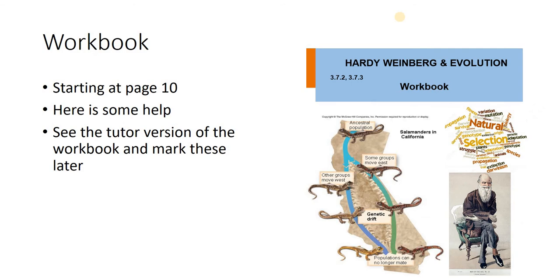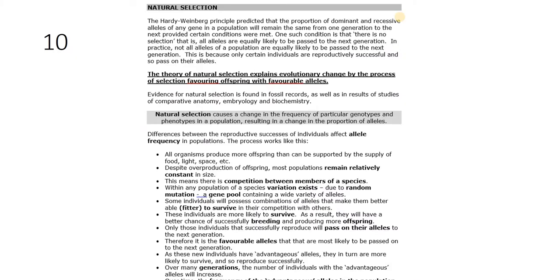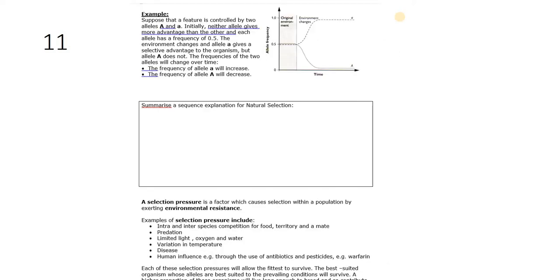Let's have a look at your workbook starting at page 10. Eventually you'll get the tutor version, which you'll be able to mark yourself, or maybe your teacher will look at that for you. On page 10, just a load of blurb really, recapping the theory that we've done. And page 11, there's at the top a little graph there.